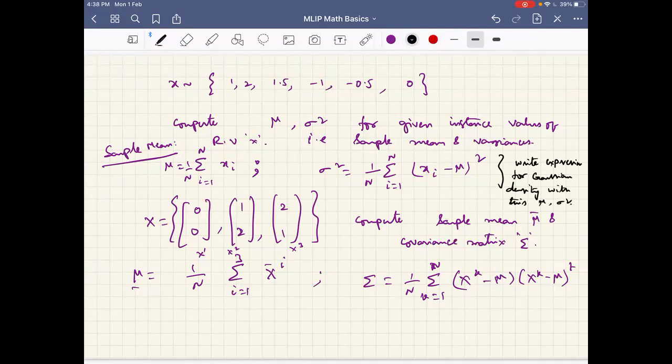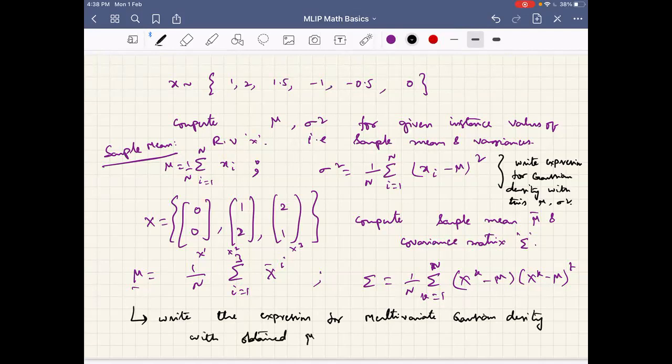Please repeat the same: write the expression for the multivariate Gaussian density with the obtained mu bar and covariance matrix sigma. You can do this as an example. This is exercise 1, and this is 2.